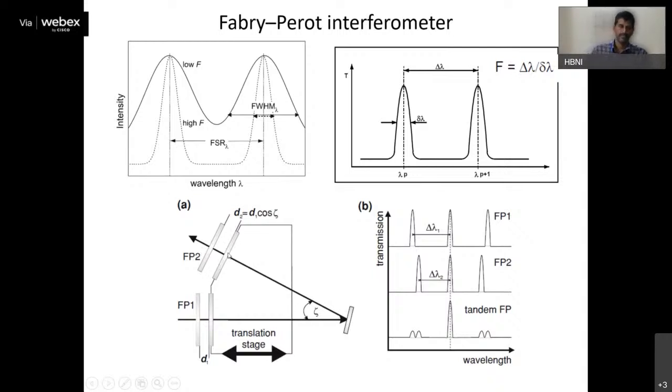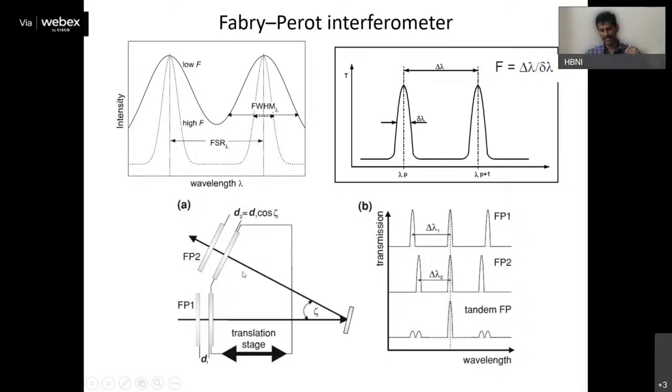If these mirrors are very perfect, you get a very sharp peak, and the accuracy required is also very high, of the order of angstrom or so. This gives basically the spectra. If you are taking only one spectrum from one Fabry-Perot, then you have this spectrum, and then a second one.